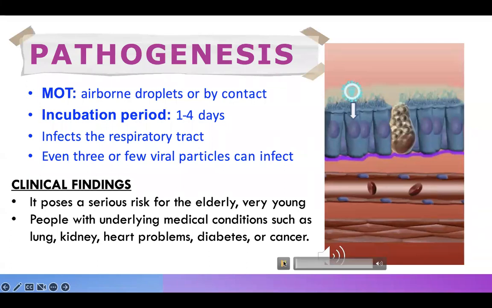So now let's move forward to the pathogenesis of our influenza virus. Okay, so the mode of transmission is usually spread from person to person by airborne droplets or by contact with contaminated hands or surfaces. Okay, so usually the incubation period is 1 to 4 days.